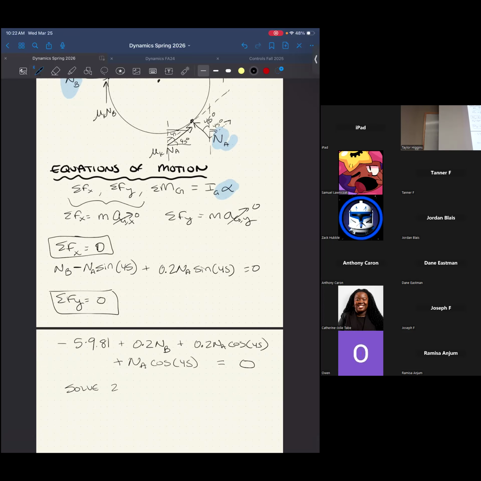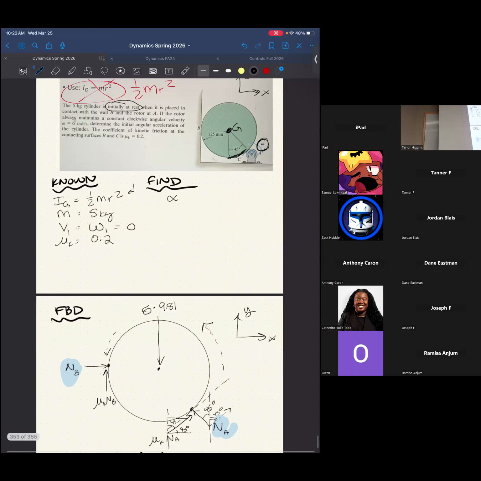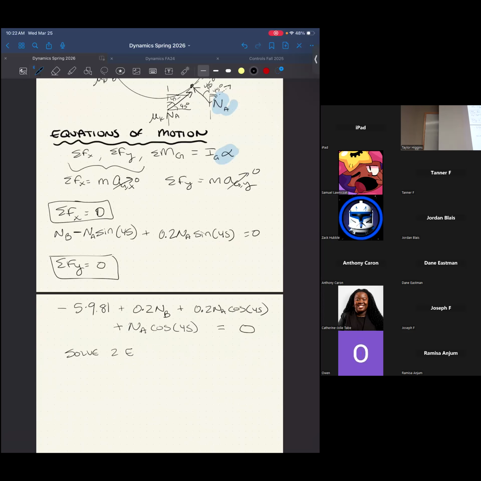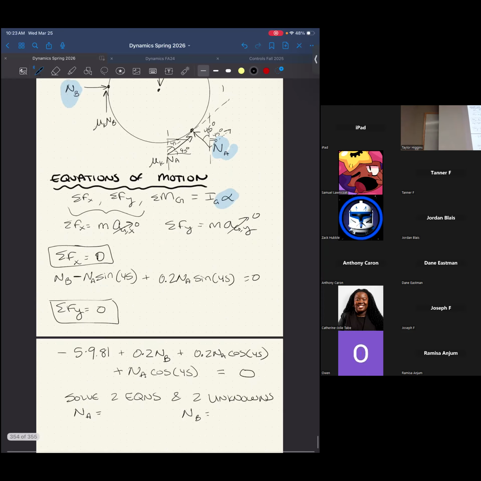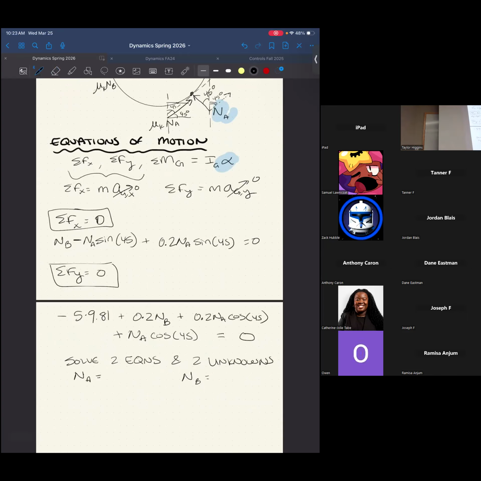Mass of the wheel is 5 kilograms, right? Yes. Normal force, I used that instead of the other one.